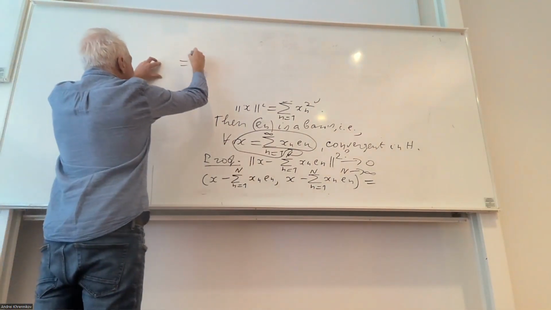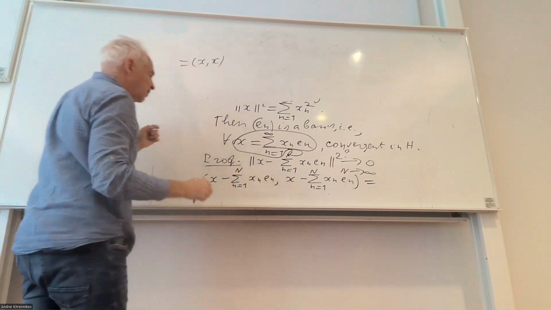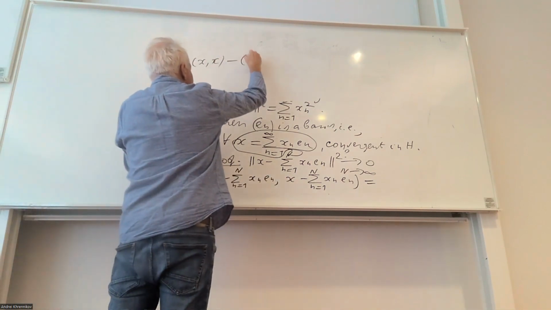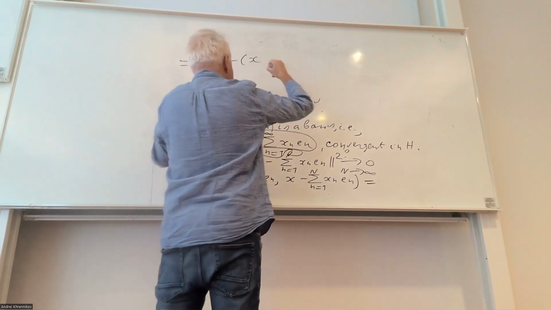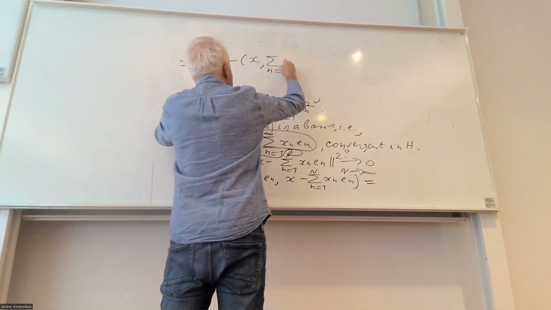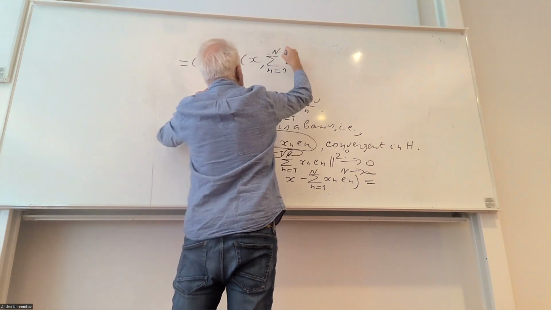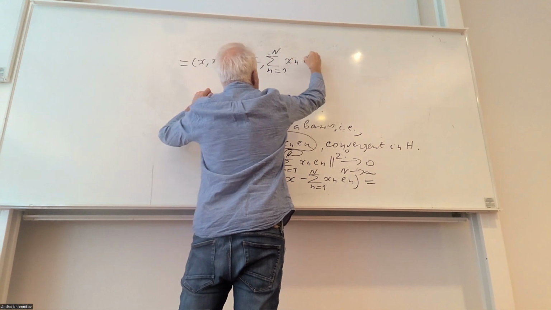It would be x by x, so x multiplied by x, minus x multiplied by the sum n from 1 to infinity, or to large n, xn en.